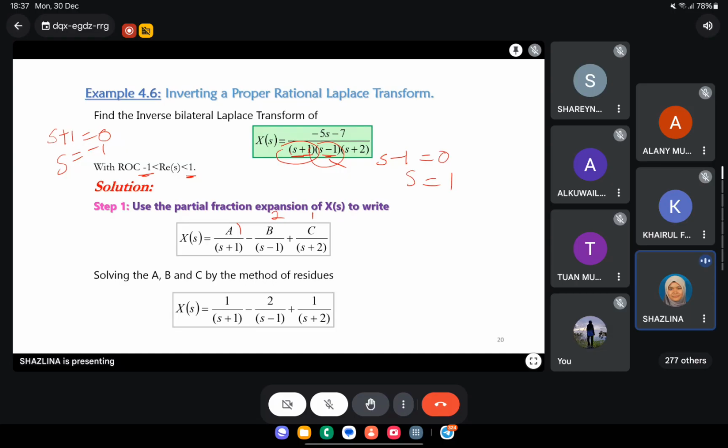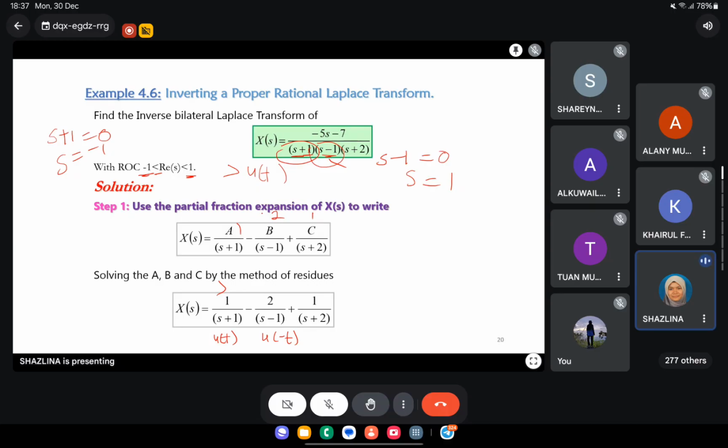So when you put back X(s), ROC bigger than negative 1. Bigger meaning that it must be a u(t). So for this equation ni, it has to be u(t) because the ROC is bigger than the negative 1. And for this one, it's smaller than 1, so it has to be u(negative t).